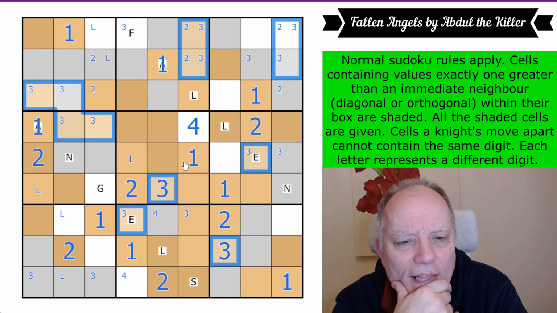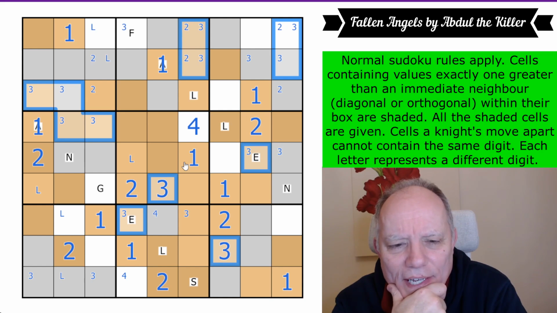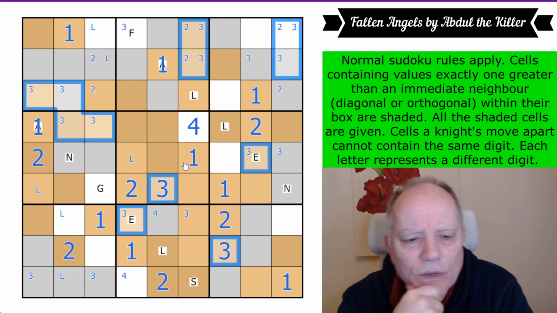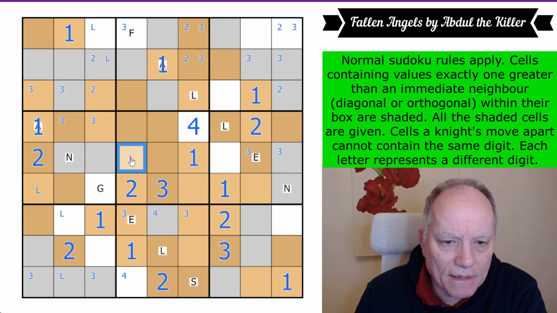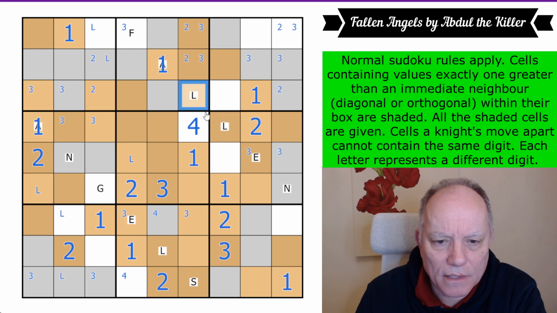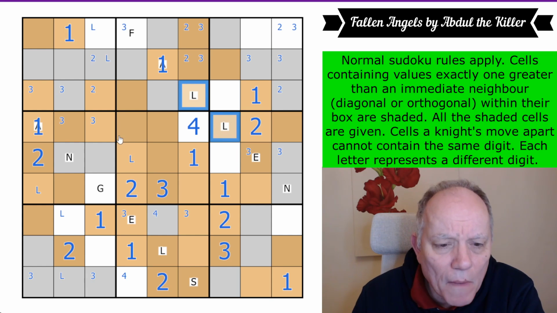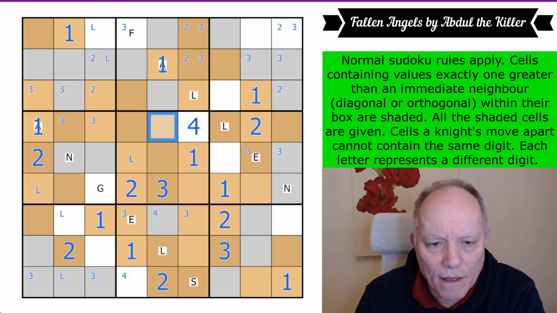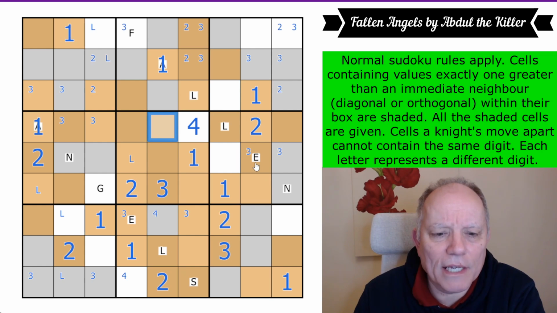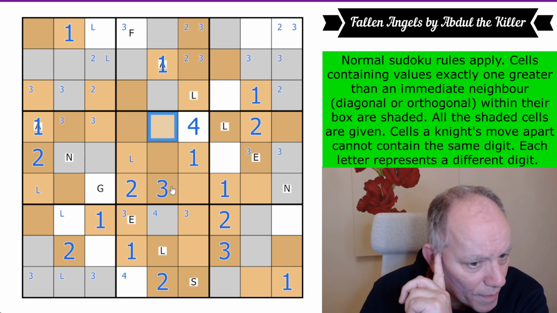I'm not getting there. Am I missing something about the letters? So I got those L's. I got some L's. I could mark E in this central box. It's just available. It's right there. Ah, no, because it could be 3. So I didn't get E in the central box.